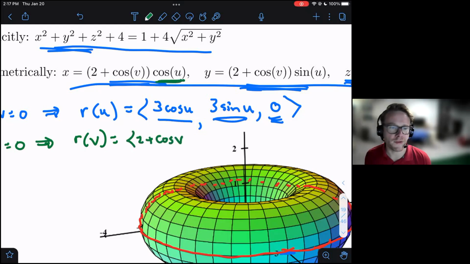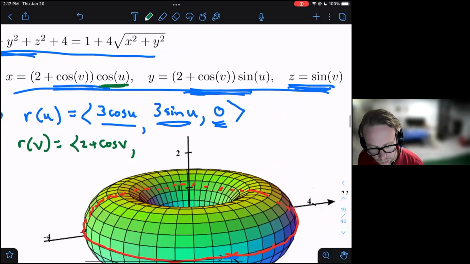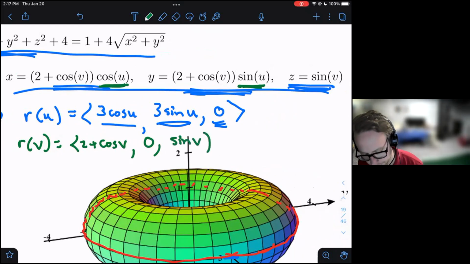Cosine of 0 is going to be 1, so this is being multiplied by 1, which doesn't change the result. Here, when I plug in 0 for u, sine of 0 is 0, so 0 times anything is going to be 0. And finally, our z component doesn't have any u's to plug in, so this is just going to be sine of v.